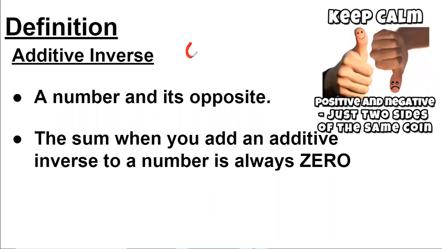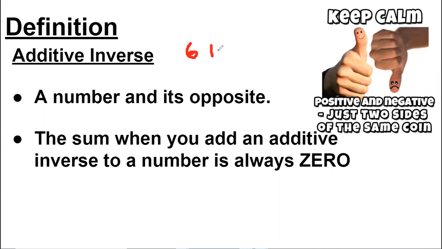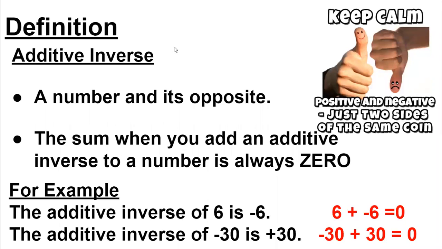So 6, adding its additive inverse of -6, adding its opposite, is going to give you 0. They're going to cancel each other out. So the additive inverse of 6 is -6, and 6 plus -6 equals 0. The additive inverse of -30 is +30. So -30 plus +30 is going to equal 0.